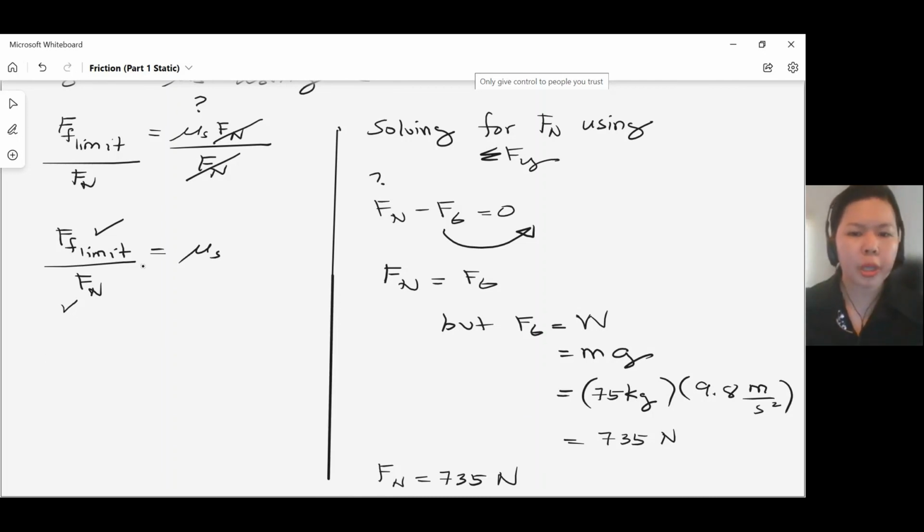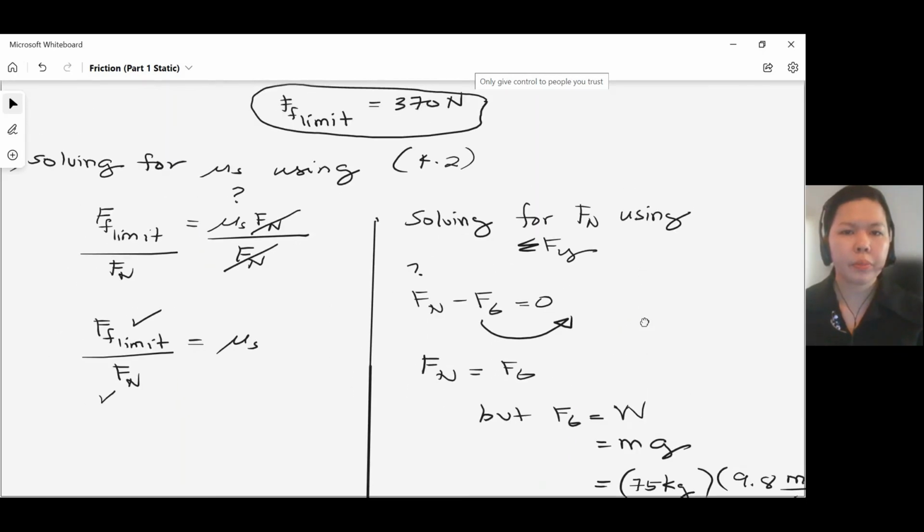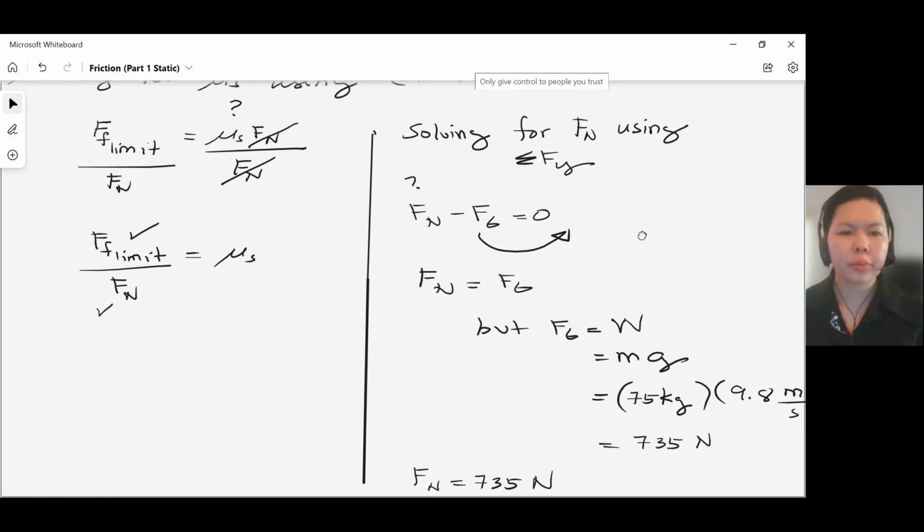We substitute now the values that we have. For FF limit, we have 370 newtons, divided by Fn, 735 newtons, is our mu s.